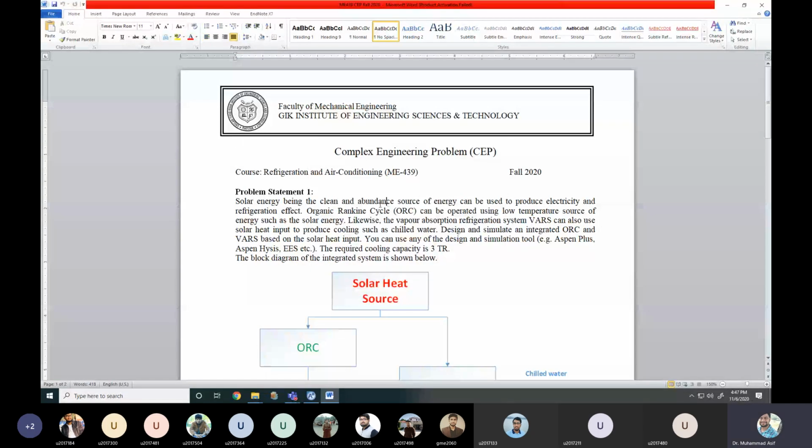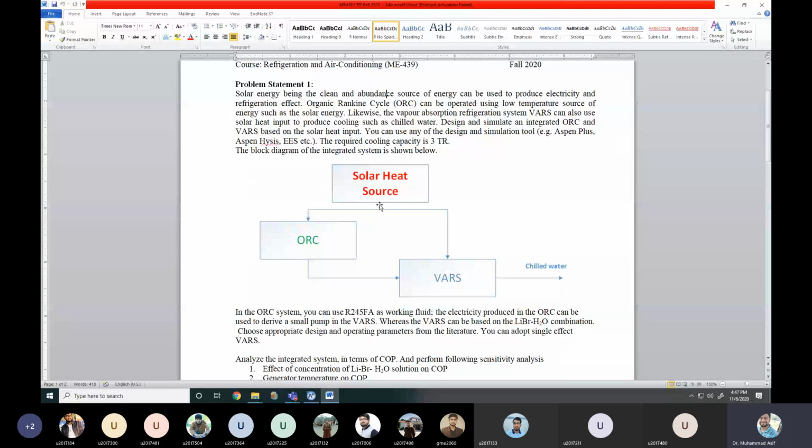Okay, so your CEP objective is to produce chilled water, right? And that chilled water can be produced from the vapor absorption refrigeration system. You know that in a vapor absorption refrigeration system, we have an evaporator, condenser, generator, expansion valve and an absorber.